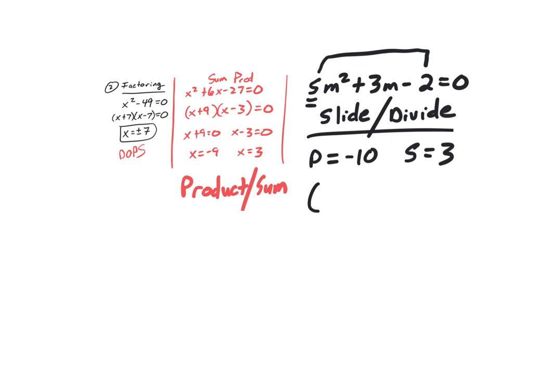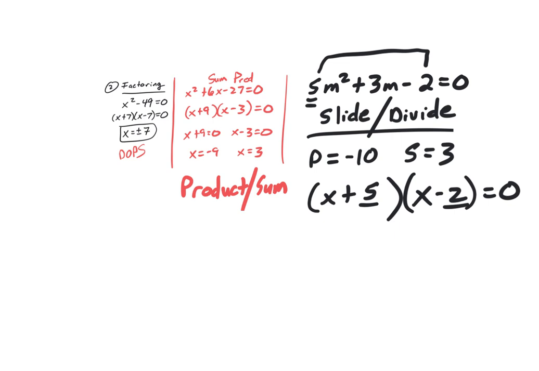Okay, so when we write this out, I'm writing a division sign here because it's not just going to be 5 and negative 2.